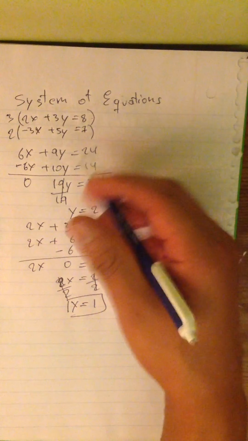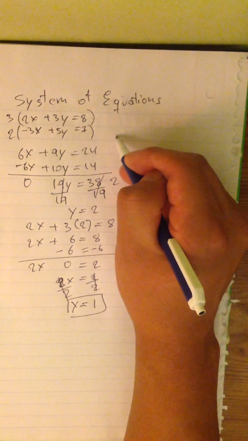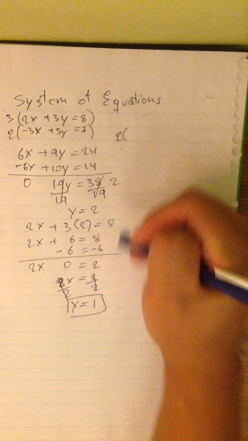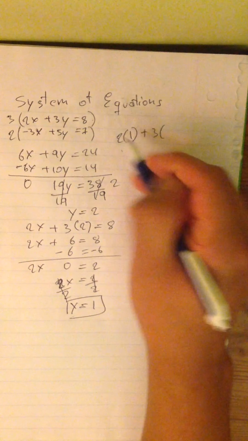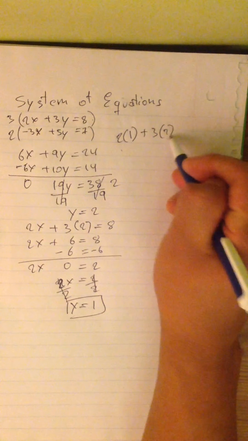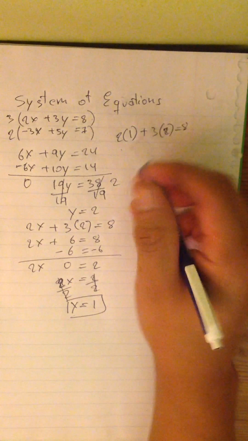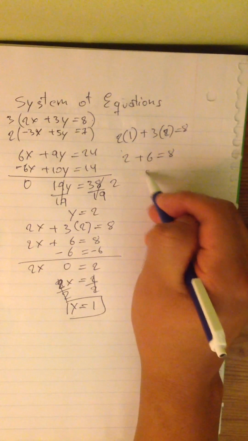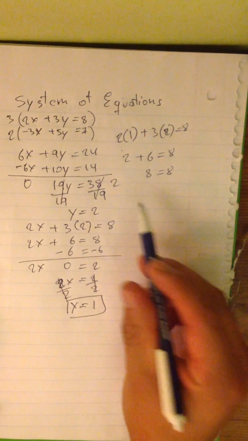So x is 1 and y is 2, and it equals 8. 2 times 1 is 2, plus 3 times 2 is 6. And as you can see, we get 8 equals 8, so that means what we did is right.